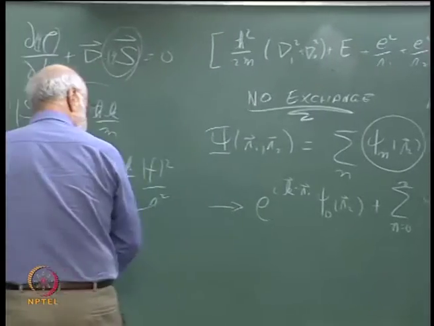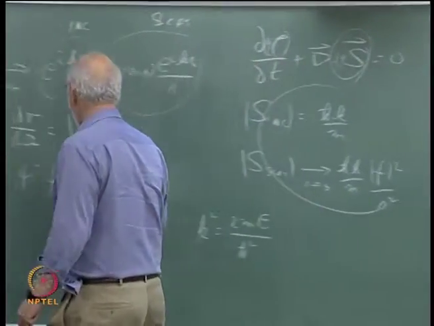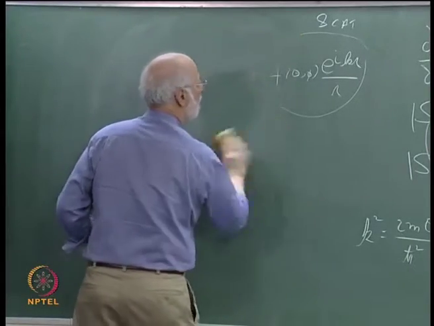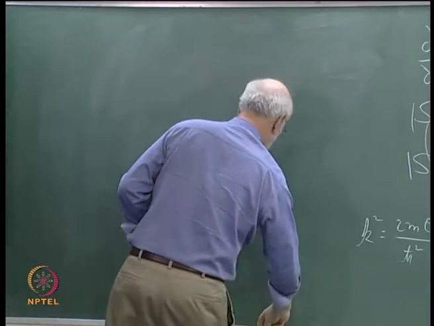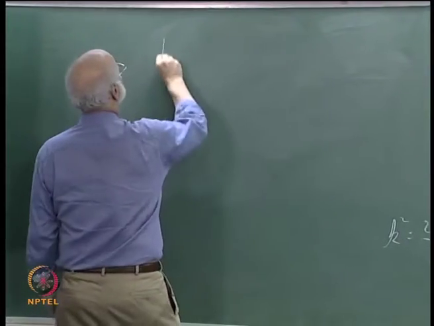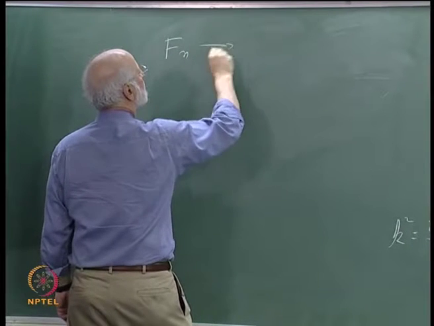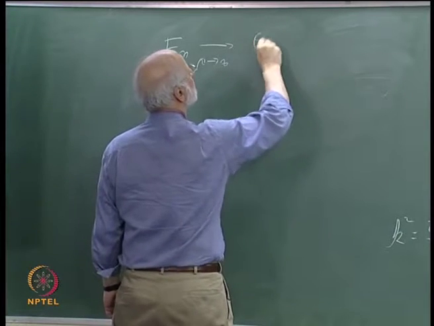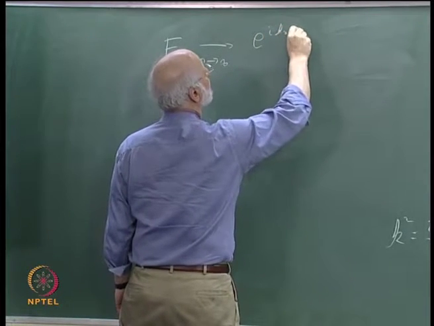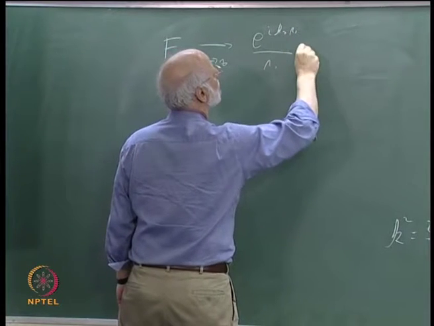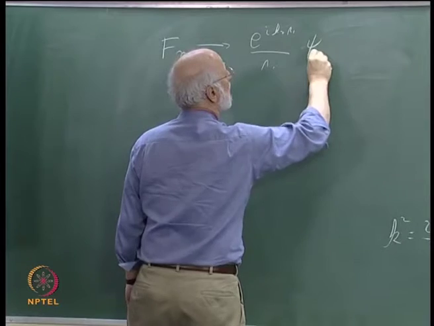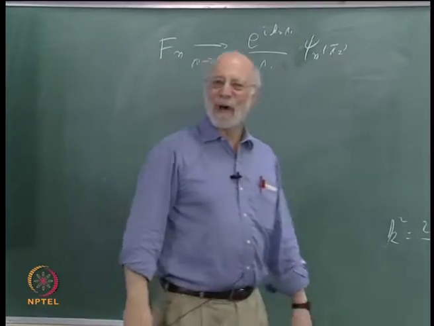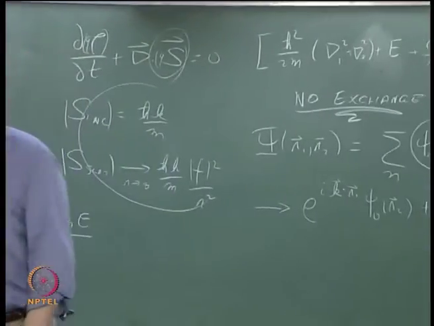So, since I want to focus on inelastic collisions, Fn goes, as r goes to infinity, as e to the i kn r1 over r1 times psi n of r2. And now I have a boundary condition, or boundary conditions.